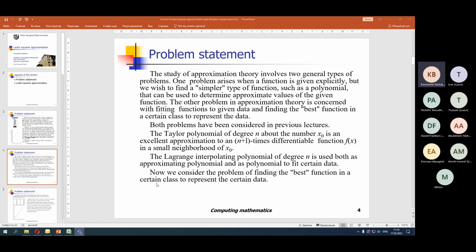Maybe it includes a lot of sine, cosine, exponential functions, logarithms, and we want to approximate this complex function with a simpler function, because a polynomial is a simple function and it is very easy to compute its value.